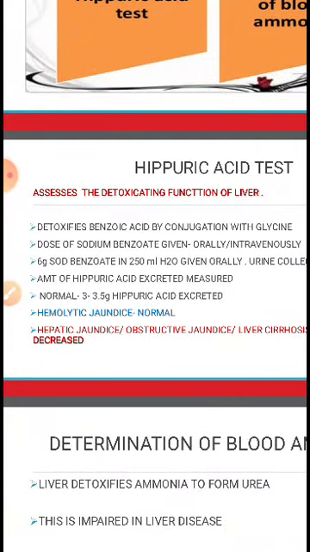In the hippuric acid test, we assess the detoxification function of the liver. In this case, we try to see how it detoxifies benzoic acid by conjugation with glycine to produce hippuric acid.